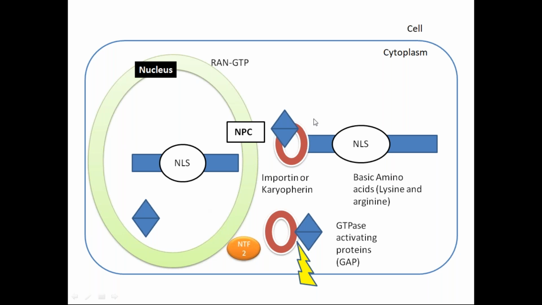So what remains outside? Importin. Importin is outside the nucleus, and what is inside? The protein which was targeted and your RAN-GTP. Is it clear, or should I explain it again? Is it clear?